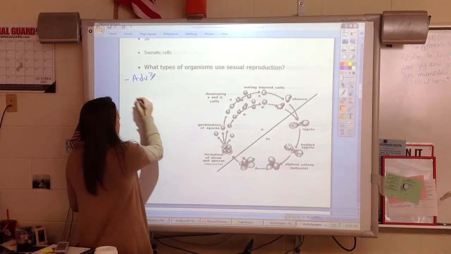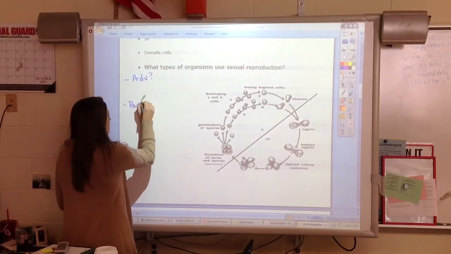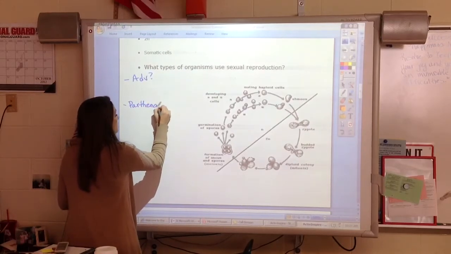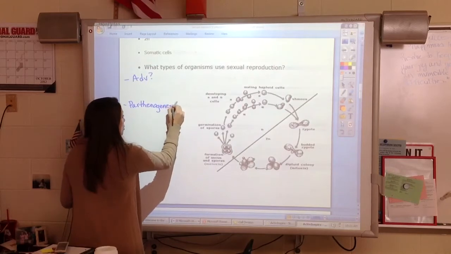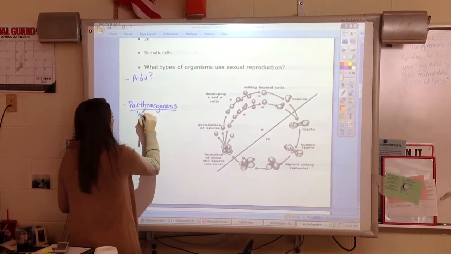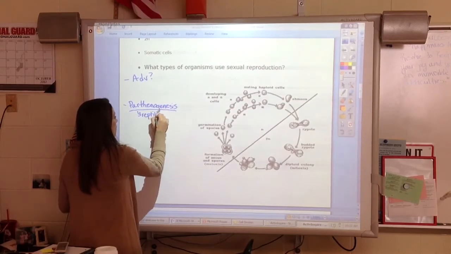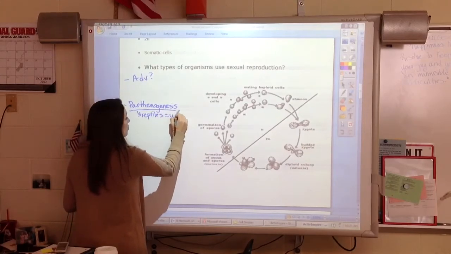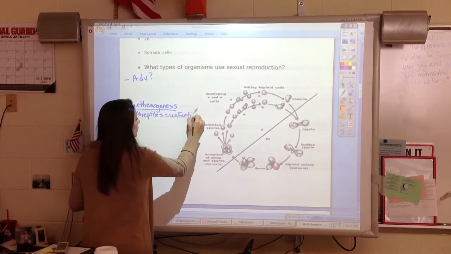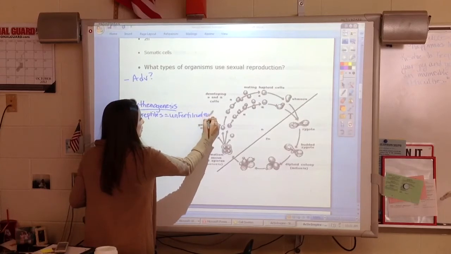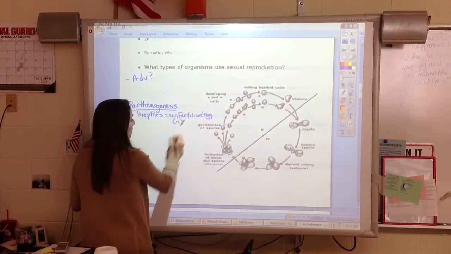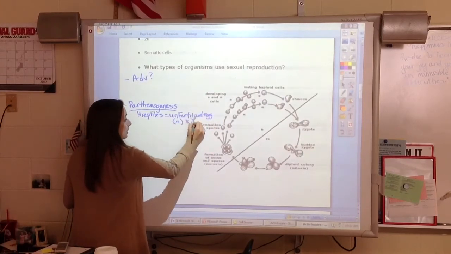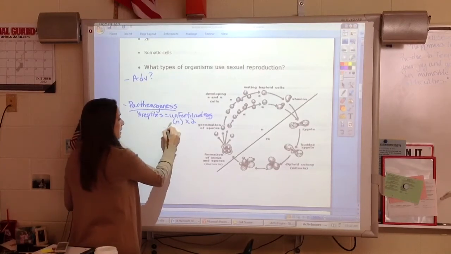One example is parthenogenesis, and this is seen actually in some reptiles. They're able to take an unfertilized egg, which is N, haploid, and double it, and then start making an organism.